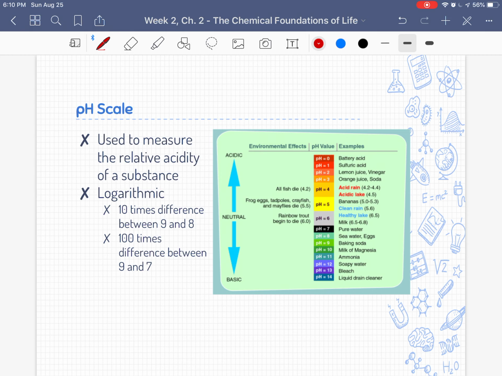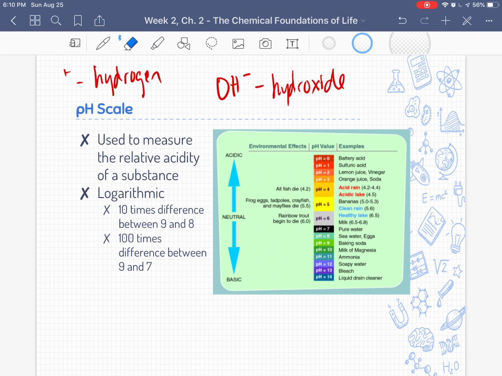Okay, the pH scale is another example of properties of water. A pH scale measures the amount of hydrogen ions and hydroxide ions in solution. Hydrogen ions, that's an H. Okay.